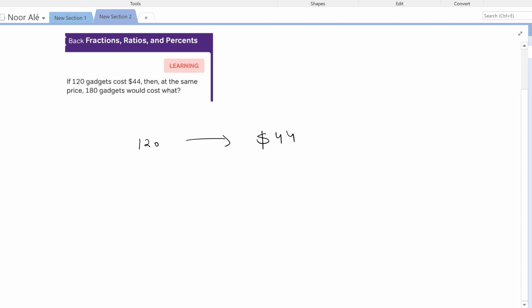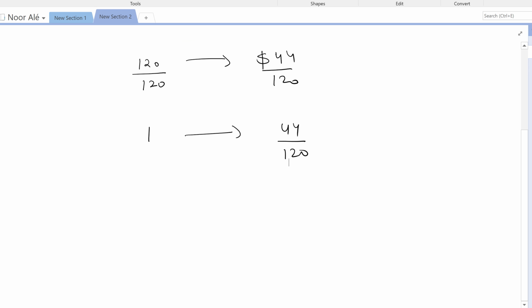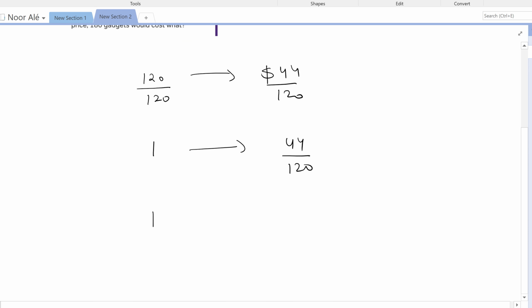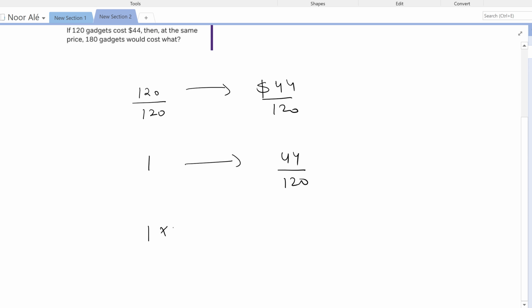So 120 gadgets are worth 44. Now we divide both sides by 120. And that's going to give you 1. For one gadget, your price is going to be 44 divided by 120. And I'm interested in 180 gadgets, so multiply both sides by 180. That's what we're interested in.